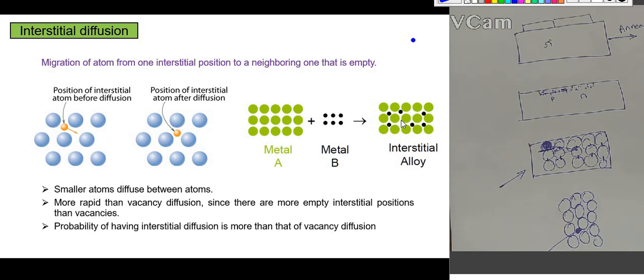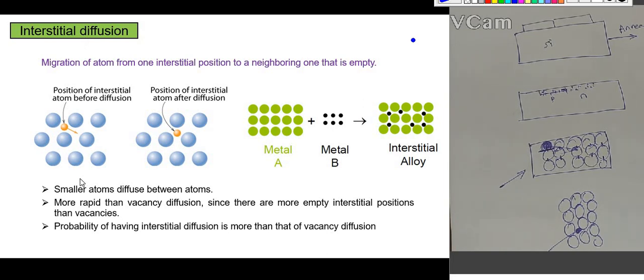Steel is an example of an interstitial alloy where carbon particles entered the interstitial positions of iron. Okay, so in this way we can produce an interstitial alloy. So this is interstitial diffusion.